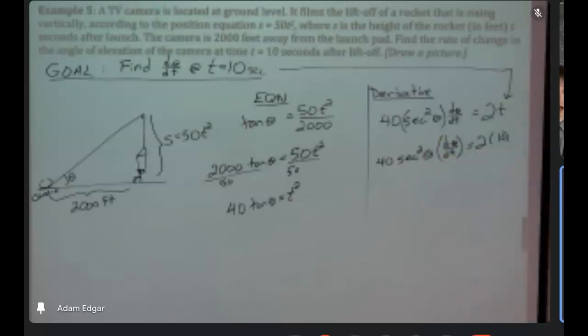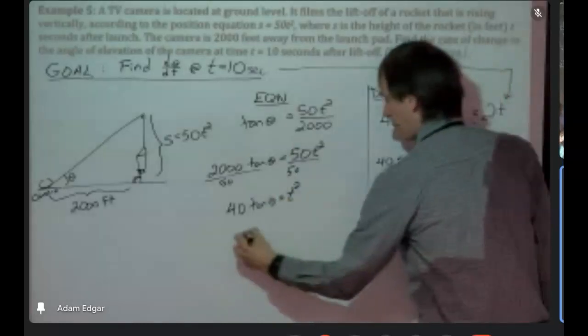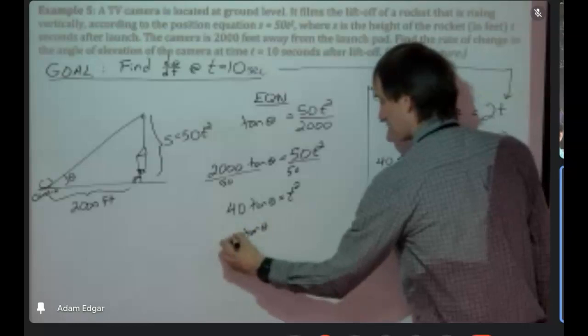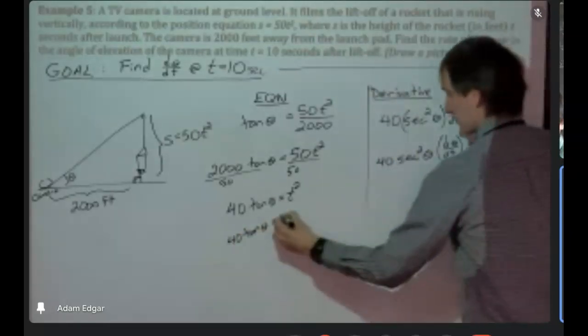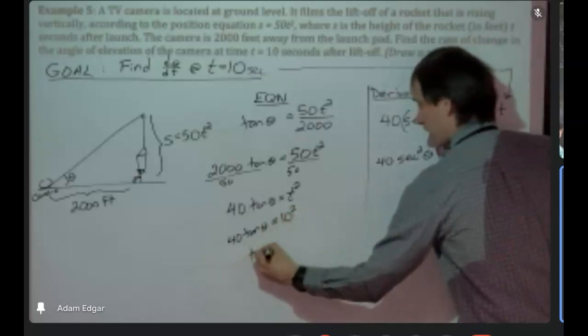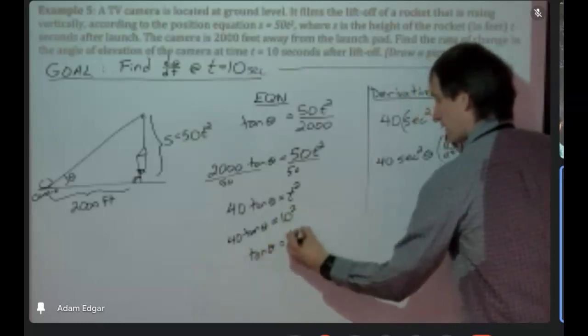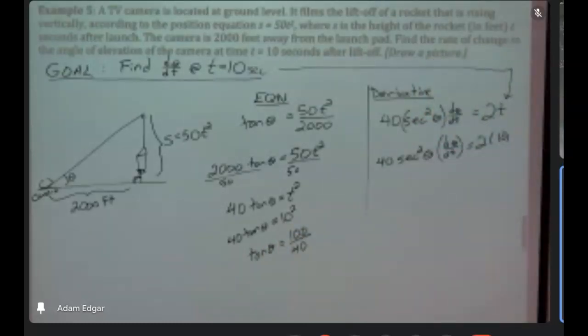So you say, I need to find out what theta is. So you come back over here, and you say, all right, tangent of theta equals t squared. I know that t is 10, so I've got 10 squared here, divided by 100... square it, divide by 100. How do you solve for theta? Yeah.